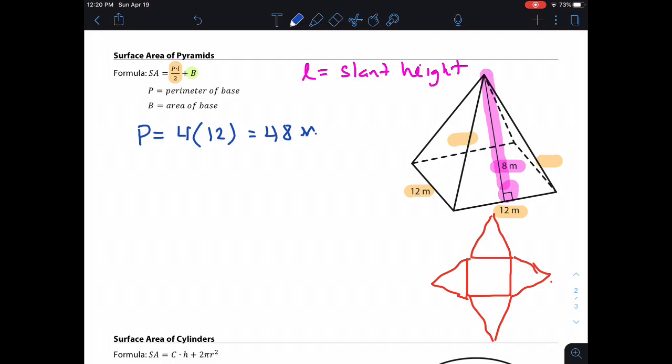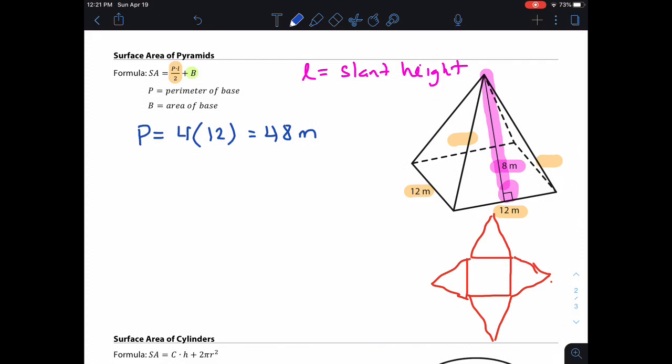And remember, it's just M, not M squared, because it's a length.